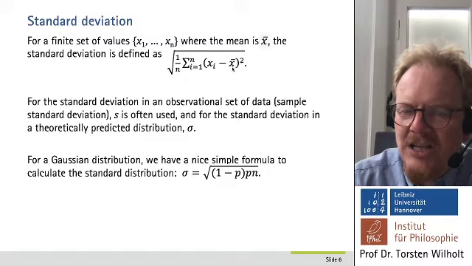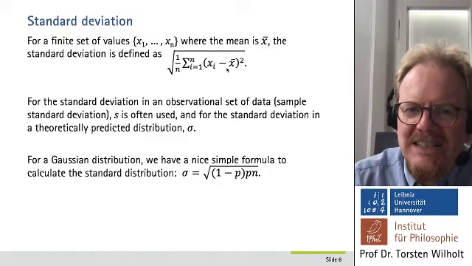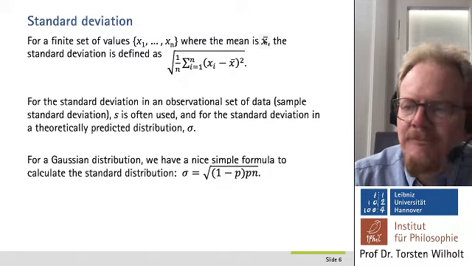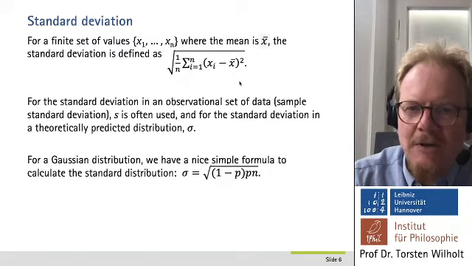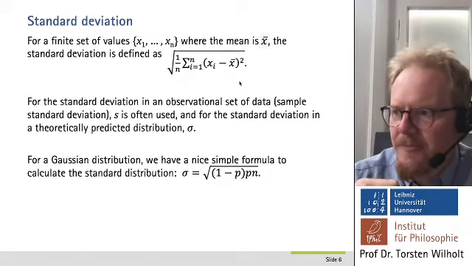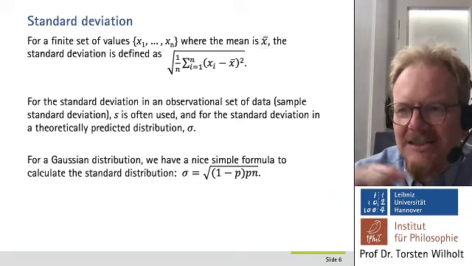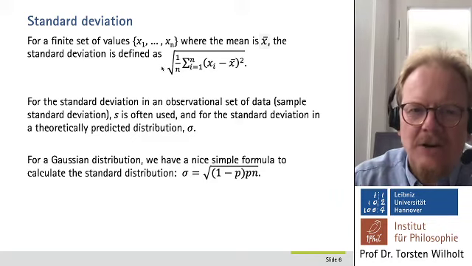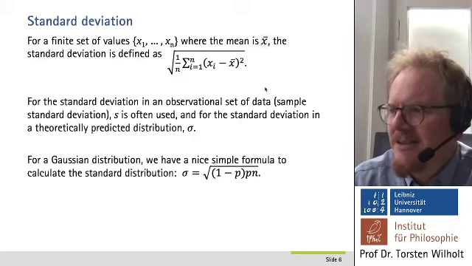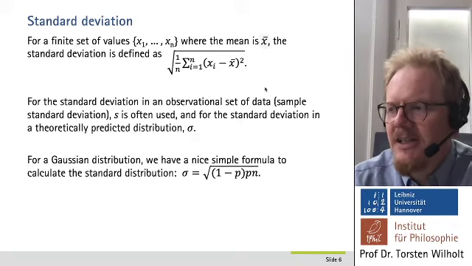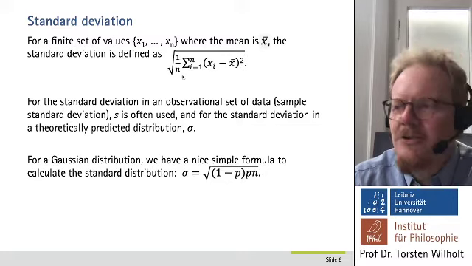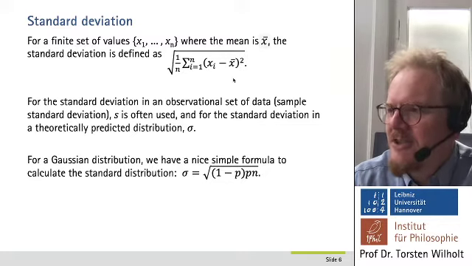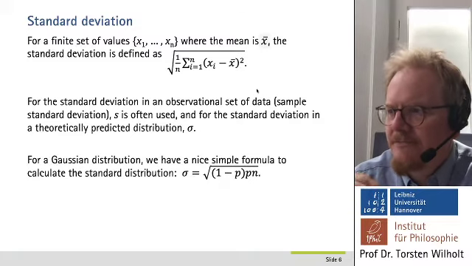We are averaging. We're taking the average distance of each of the values from the mean. Just that we don't count the real distance, but we count the squares, and then we take the root out of it again to make it a proper average again. So it is a kind of average distance of each of the values from the mean.